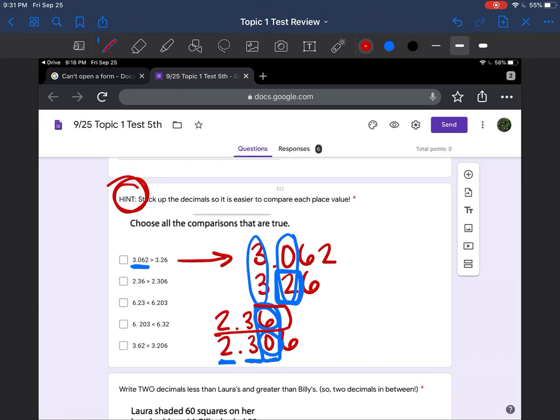So I know that this one's bigger because 600ths is bigger than 000ths. So this one is true. So it was the second one that is true. And then it was also the fourth one. Okay, so remember, always stack up those decimal places so it's easy to compare the place value.